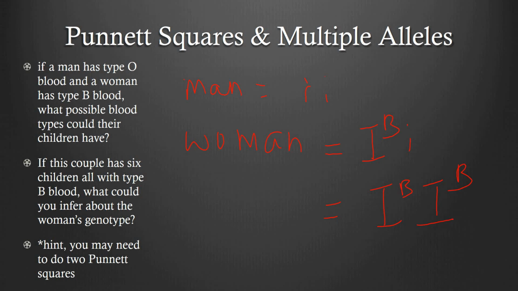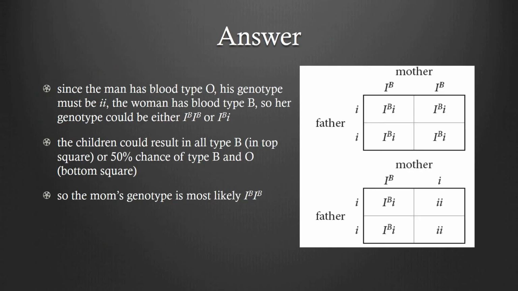It doesn't give us any clues on which one the woman is, so we have to do 2 Punnett squares to figure it out. If I do my Punnett square, it's going to look something like this. Here's the one for if the mother is homozygous for dominant I^B, or if the mother is heterozygous in the second one. So the results are slightly different.